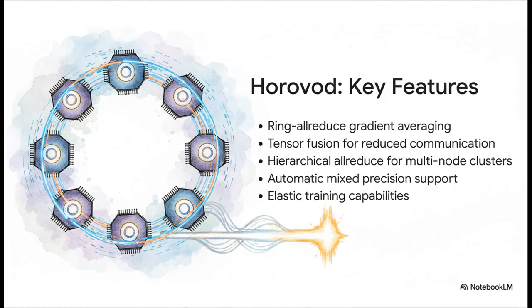The GPUs literally pass information to their neighbor in a circle, kind of like a bucket brigade. This, along with other tricks like tensor fusion, which bundles up tiny messages into bigger, more efficient packages, dramatically cuts down on communication time. And the result? Your very expensive GPUs spend their time actually training the model, not just waiting around to talk to each other.